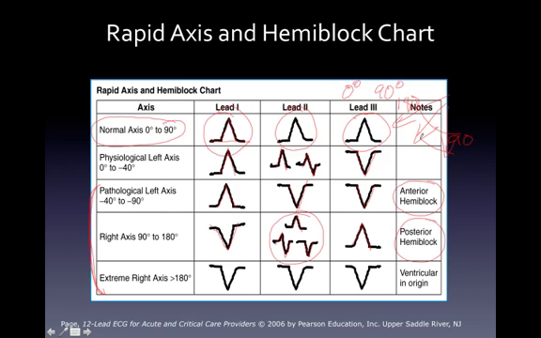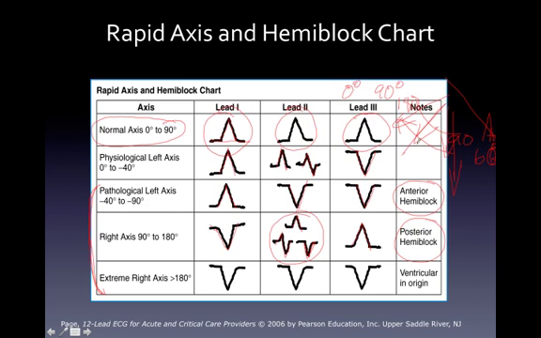The more rightward it is, from lead 2's perspective, at a 60-degree camera shot: if you're coming out at 91 degrees, it's going to look like it's above the isoelectric line.